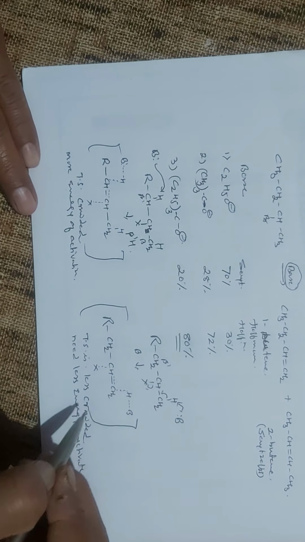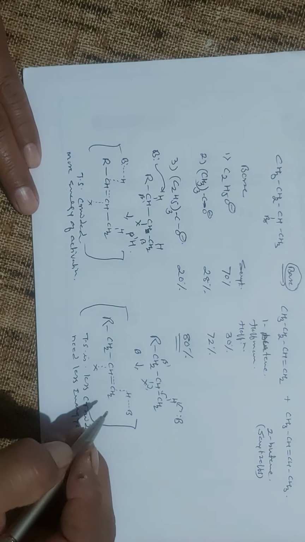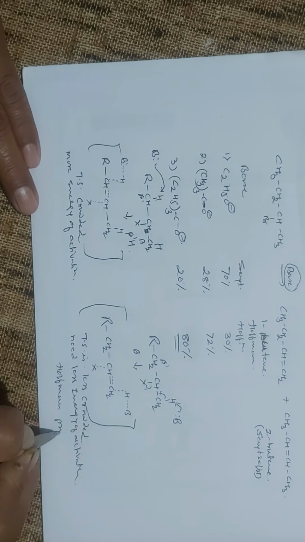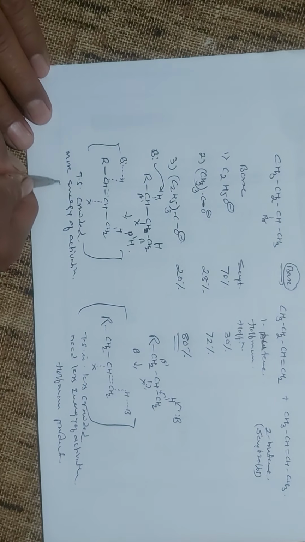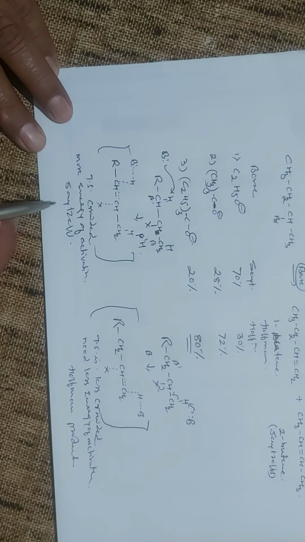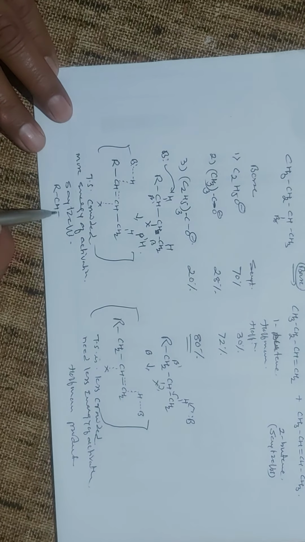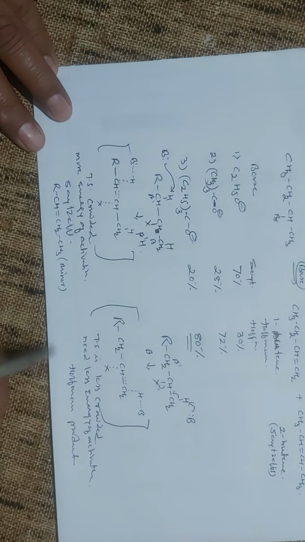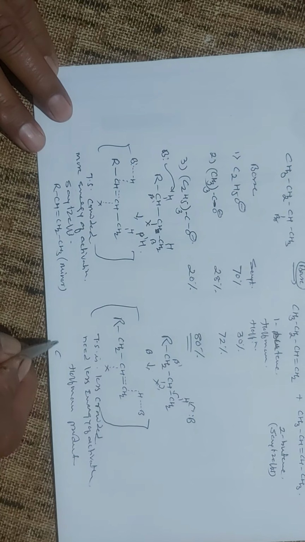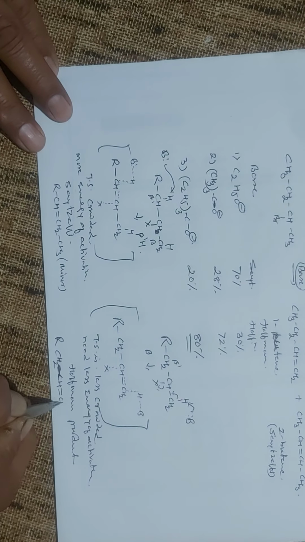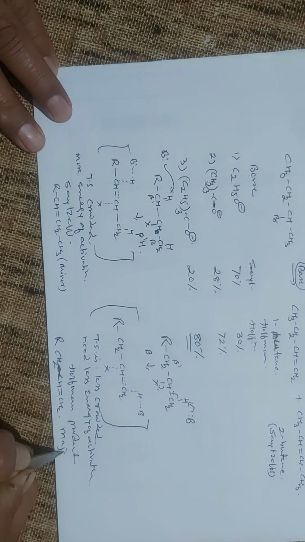This is the more stable state as it is less crowded, and so the Hofmann's product is obtained, and here you are going to get the Saytzeff's product. The RCH=CHCH3 will be obtained as a minor product, and here RCH2CH=CH2 will be obtained as a major product.